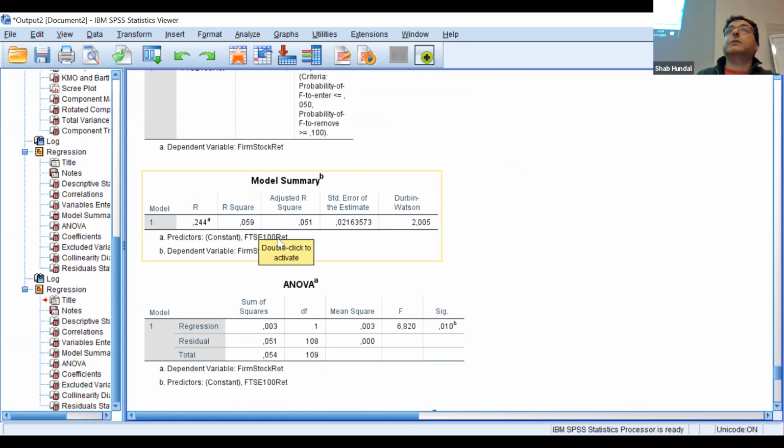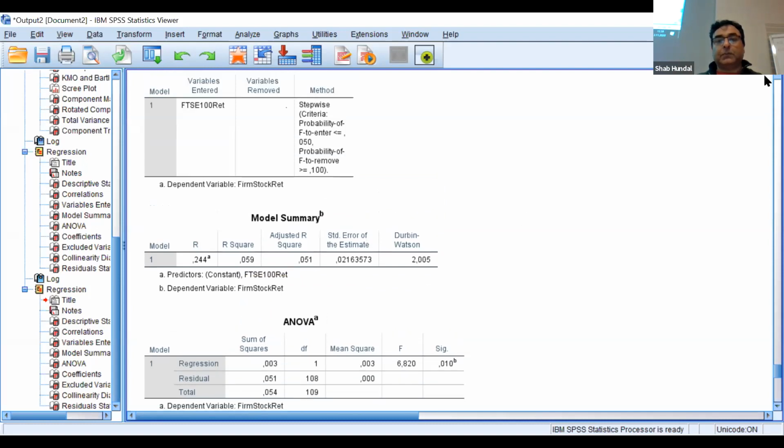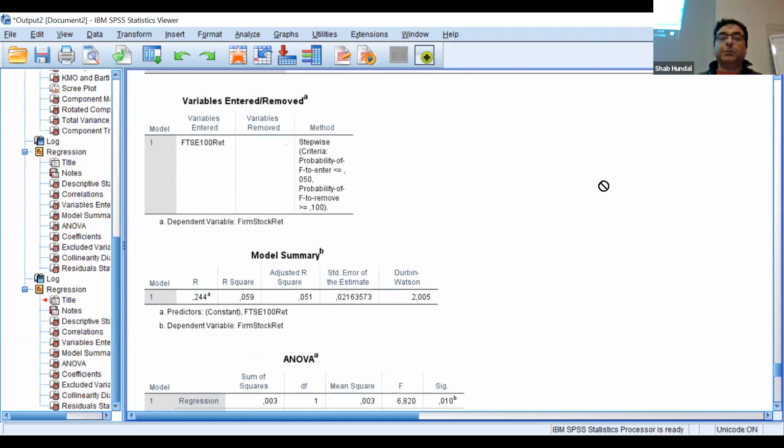R square is 0.059. If I change 0.059 to percentage, it becomes 5.9%. Now, this 5.9% means, listen carefully, all the independent variables put together. And who are those independent variables?